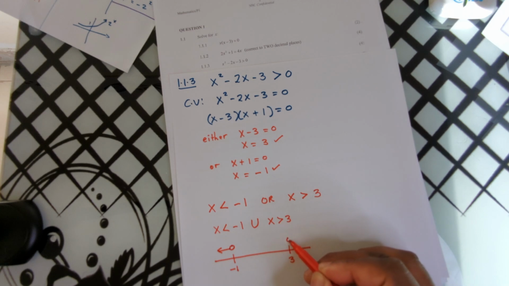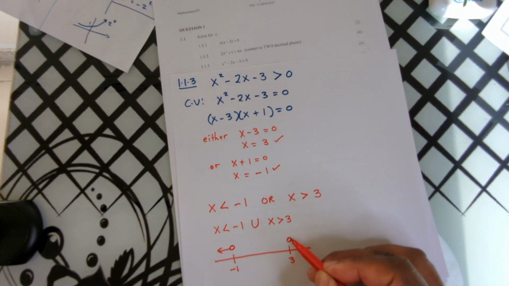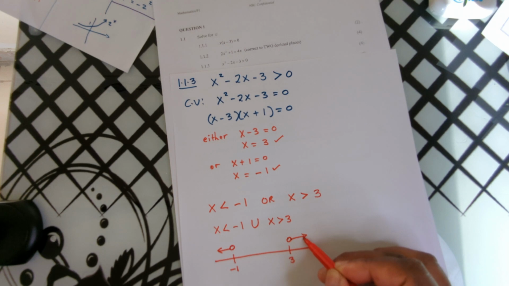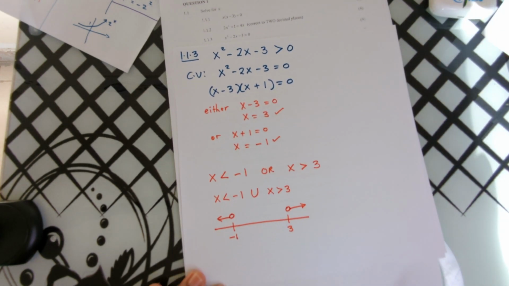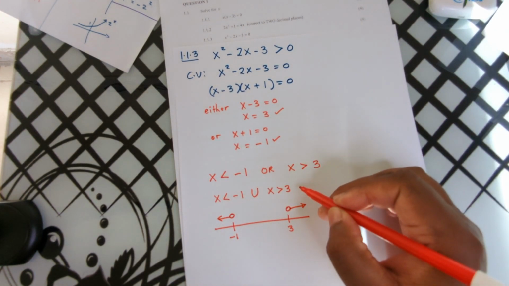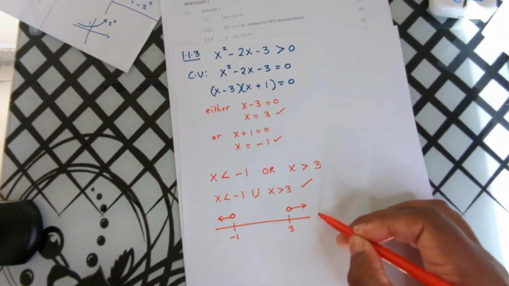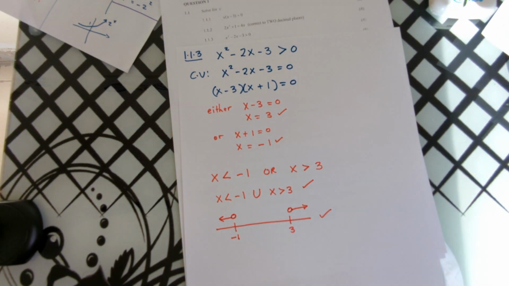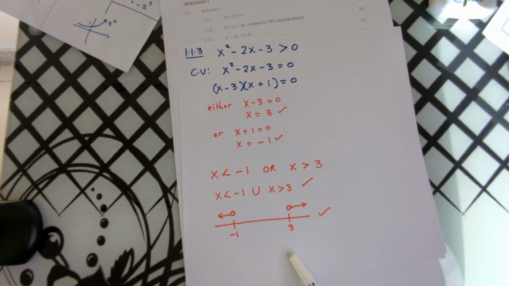And we are going to do the same on +3, draw an empty circle and draw an arrow pointing to the right side. So you can leave your answer in this form or in this form, whichever way that you feel comfortable to do.